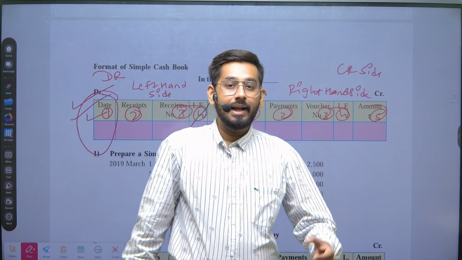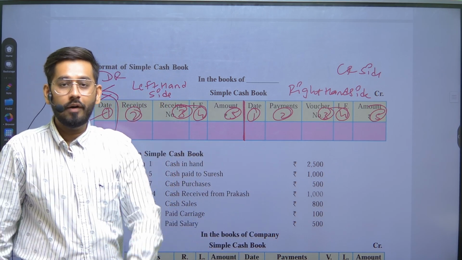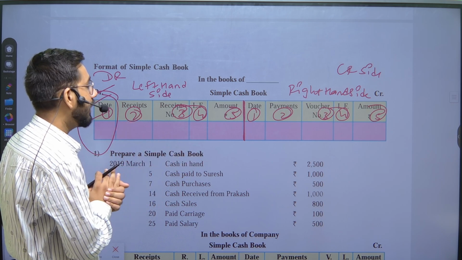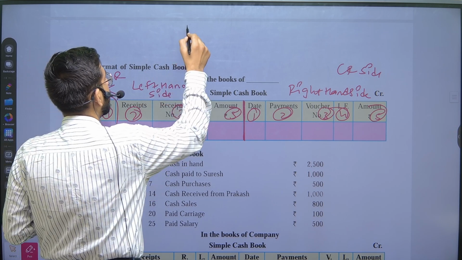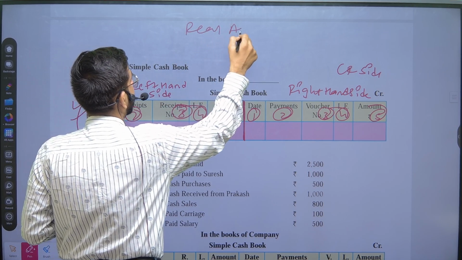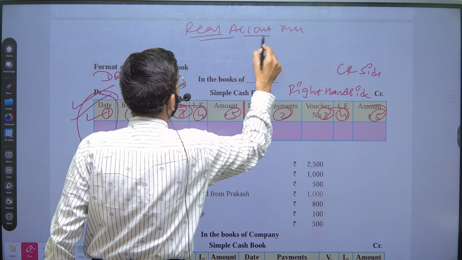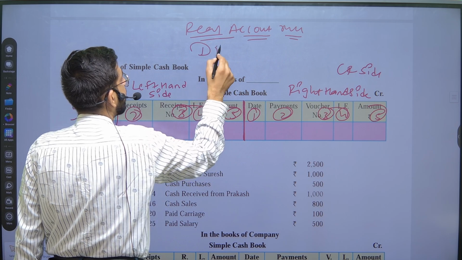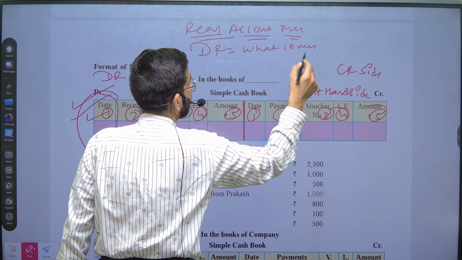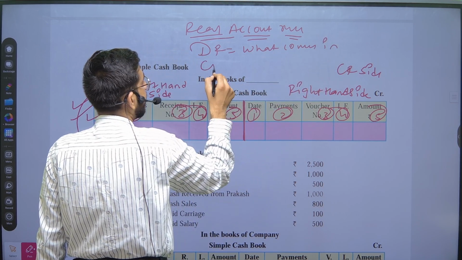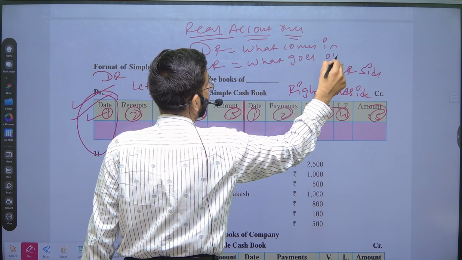We can apply the rule of real accounts here. In a real account, debit what comes in and credit what goes out.